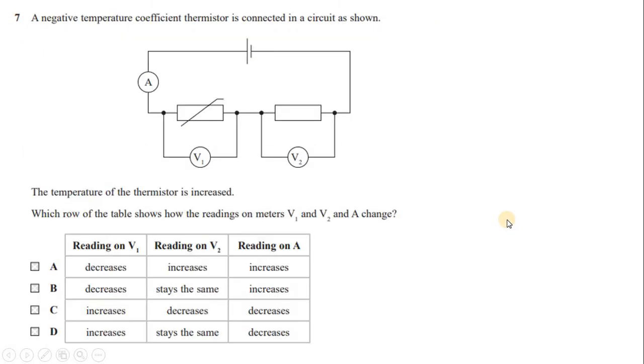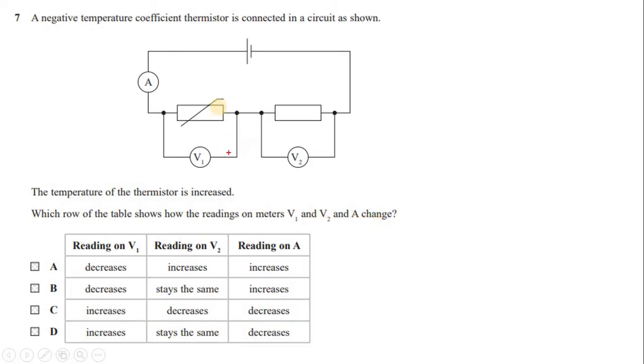Question number 7. A negative temperature coefficient thermistor is connected in a circuit as shown. This is the thermistor, some resistor, V1, V2. The temperature of the thermistor is increased. Which row of the table shows how the readings on meters V1, V2 and A change?